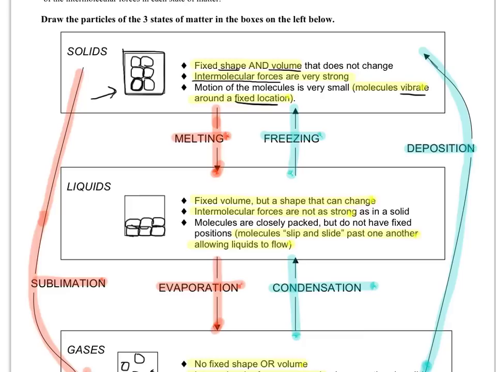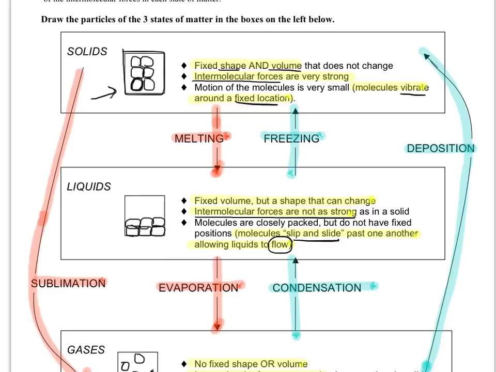And the reason that they can change shape, these liquids, is because their intermolecular forces are not as strong as they are in a solid. And so the molecules aren't on such a tight leash. They can sort of slip and slide a little bit past each other, and this is what allows liquids to do what we describe as flowing.